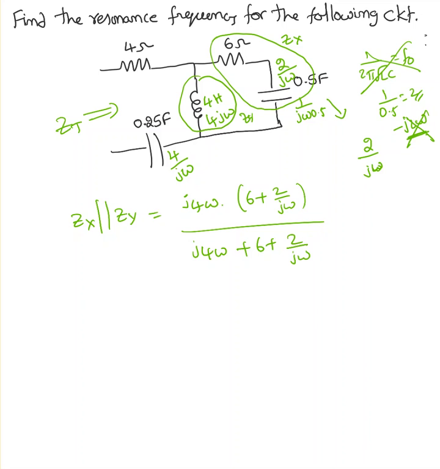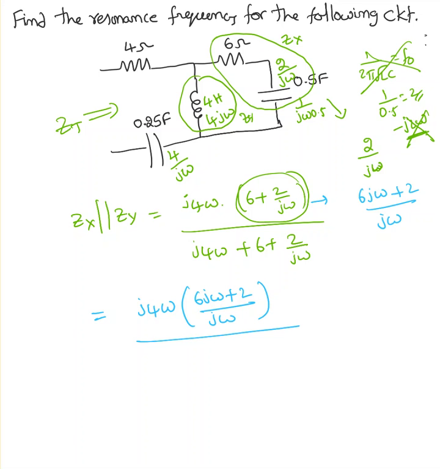I think it's a good idea to simplify this first. 6 plus 2 over j omega, I'm going to simplify this first. This is going to be (6j omega plus 2) over j omega. So this value is j4 omega times (6j omega plus 2 over j omega), divided by j4 omega plus j6 omega plus 2 over j omega.